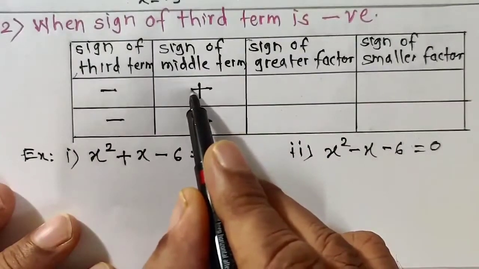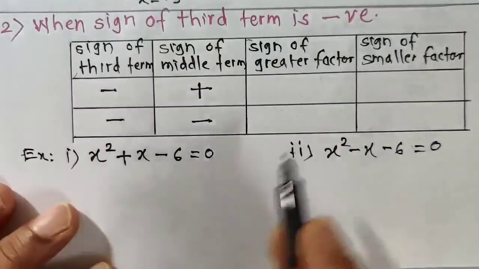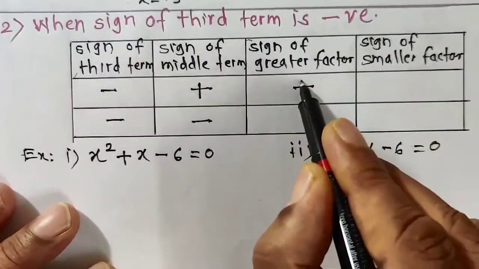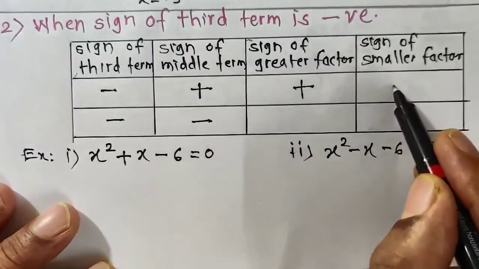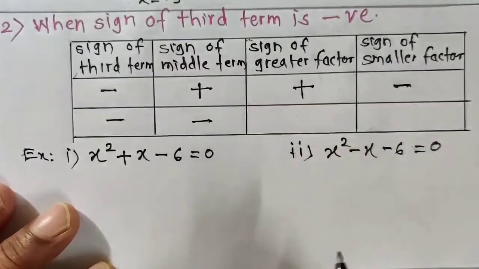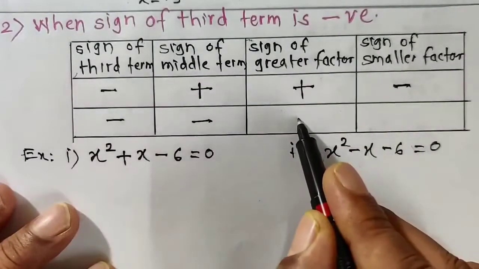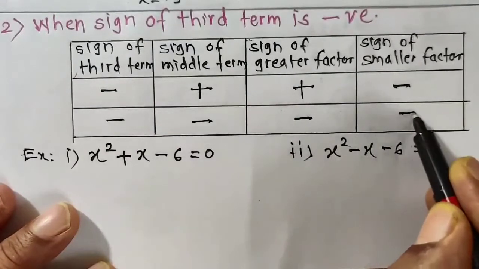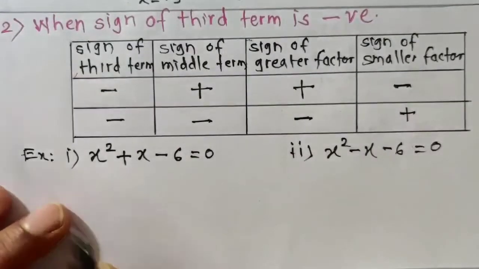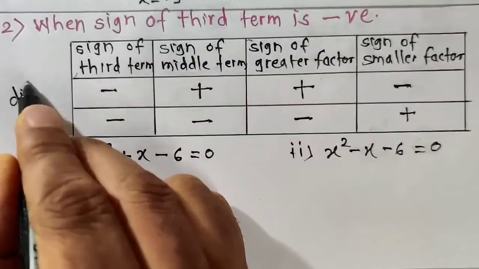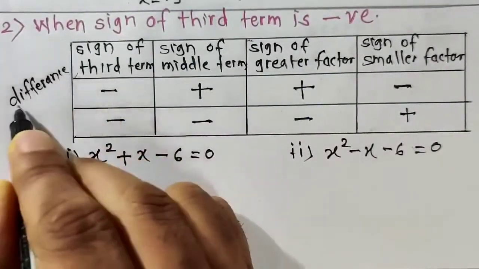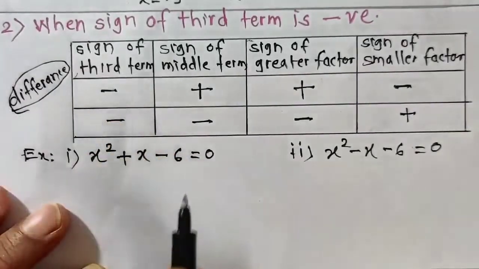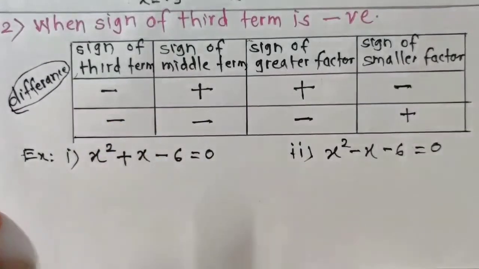So the middle term plays an important role. The greater factor takes the sign of the middle term, and the smaller factor gets the opposite sign. Here the negative sign, therefore the greater factor is negative. Here remember, the difference between these two terms gives the middle term.